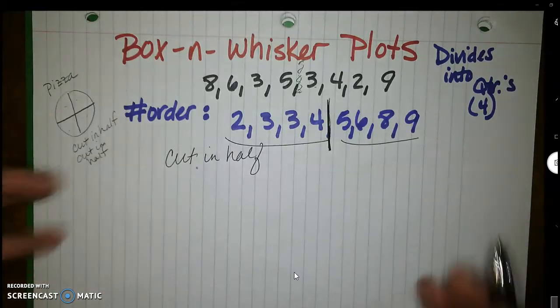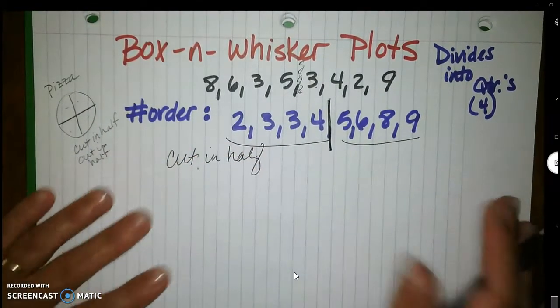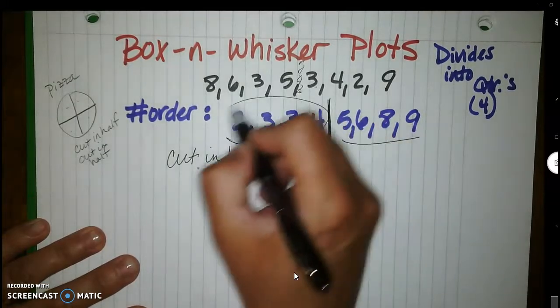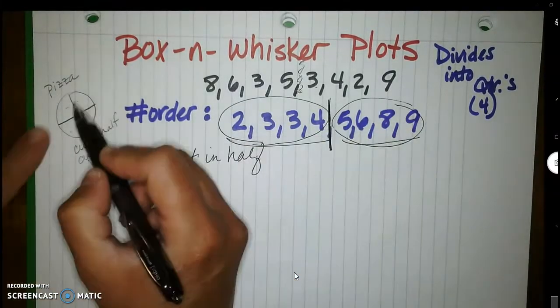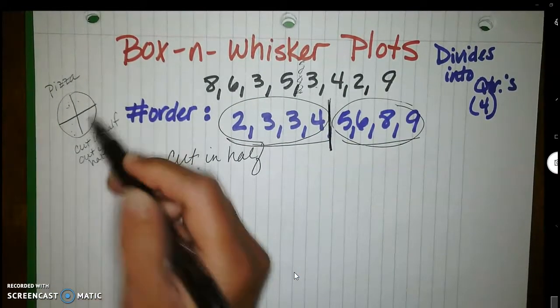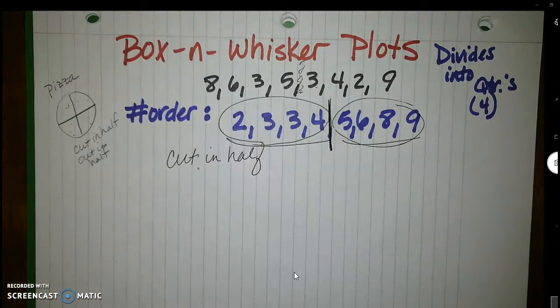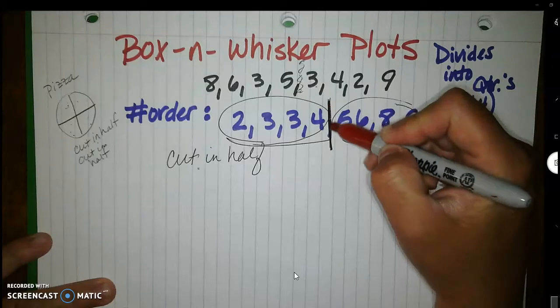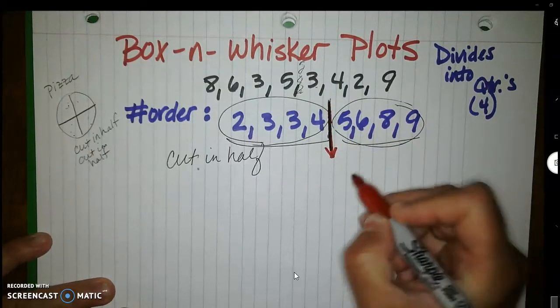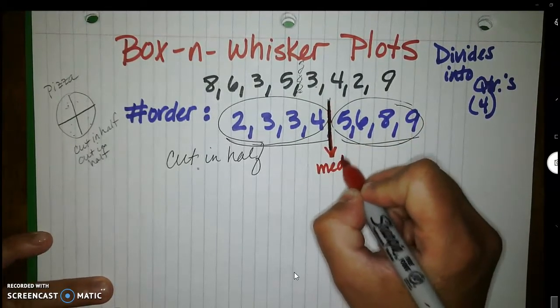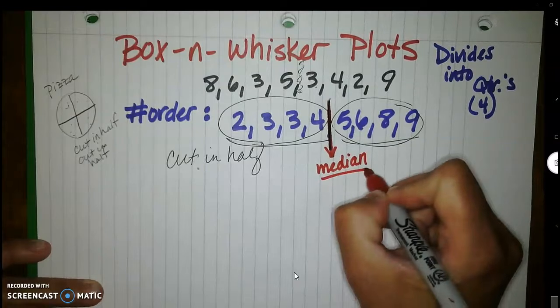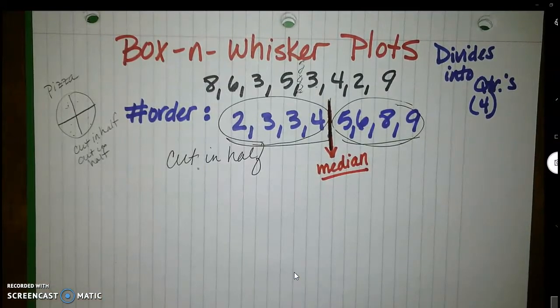So once you get this in half, okay, then you're going to take each half, each piece, and cut that in half, okay? Now, before we do that, one of the first things that you need to know is that when we cut this in half, we're cutting it at its median. I don't know if you guys remember how a median works, right?